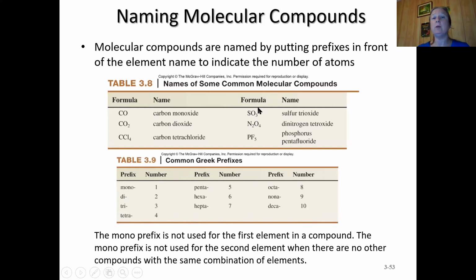So watch out whether it has a charge or not. No charge means it's just a molecule, and you name it accordingly, sulfur trioxide. If it has a charge, you go back to those rules you will have memorized, and you say, oh, that's sulfite ion. So watch for that charge.